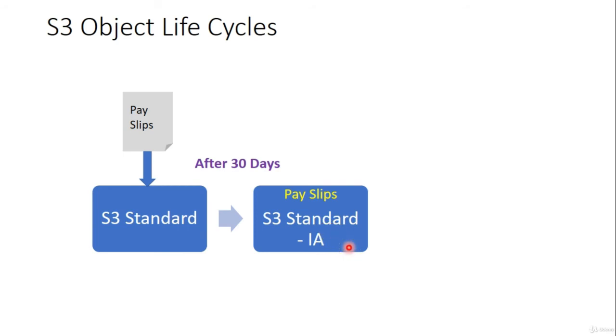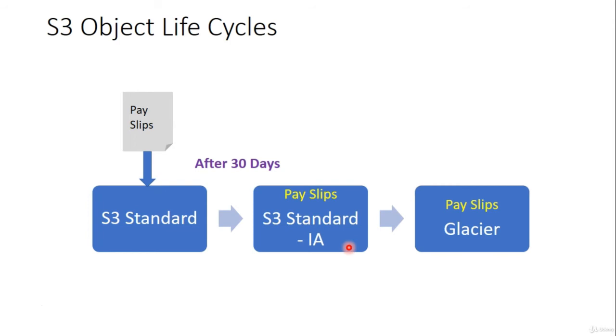Now after around 2 months a payslip is rarely accessed, right? But it still needs to be preserved for compliance and legal requirements. So we can move it to Glacier. Now the same set of payslips after 30 days from here are moved to Glacier. In this way, we are saving a lot of money.